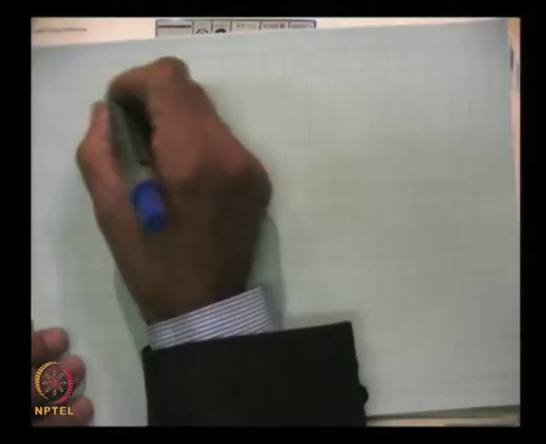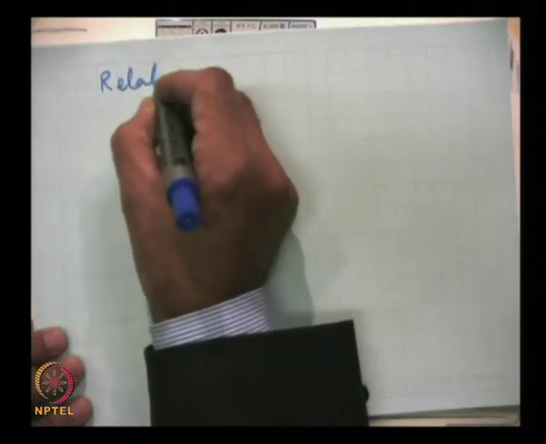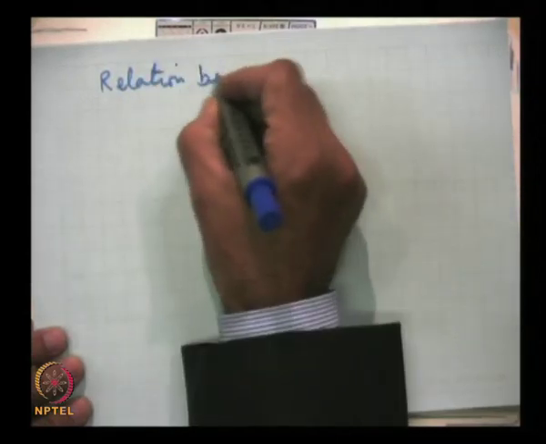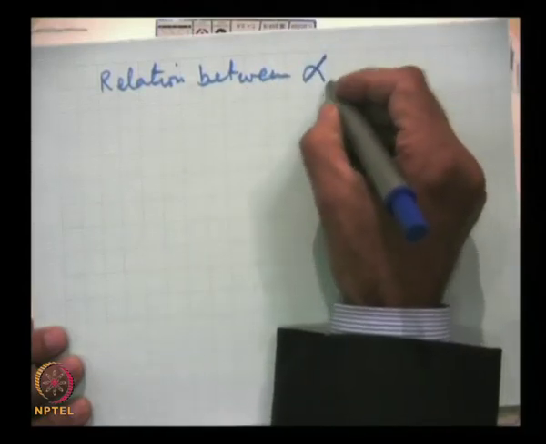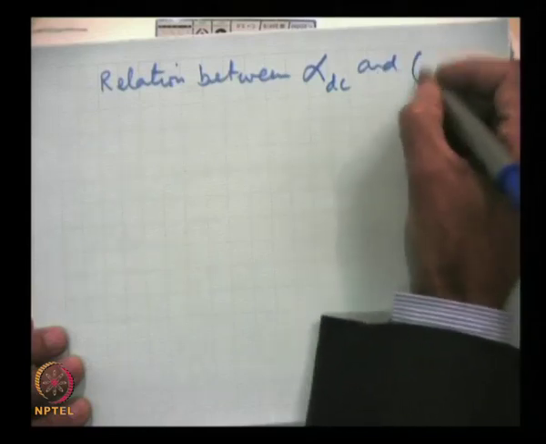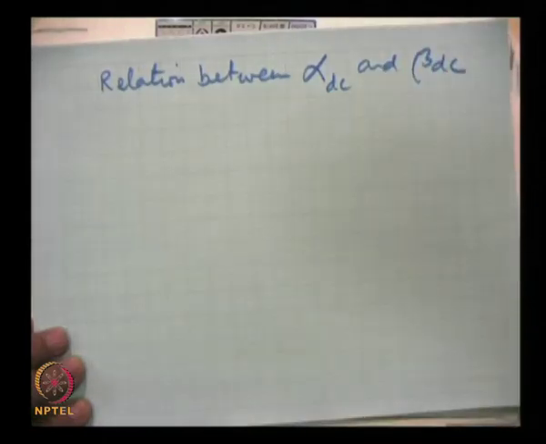Then what is the relationship between alpha and beta? If we know one, the other can be calculated. So, there has to be a relation between alpha and beta. So, we derive, this is a very simple relation, we can derive it and we write the relation between the current gains alpha DC and beta DC.